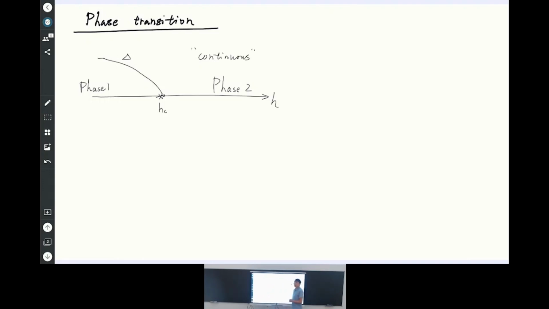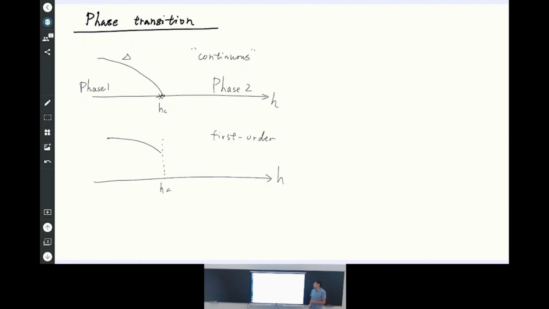Except for this, there is another kind of phase transition that widely exists in physical systems. So that is the first order transition. In this case, you will see that the order parameter experiences a discontinuous jump at the phase transition point.